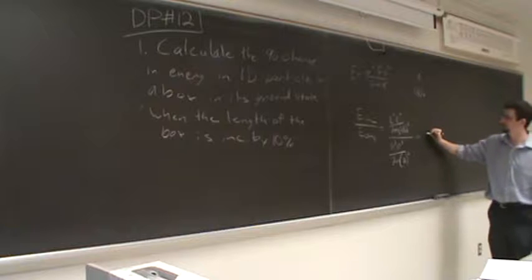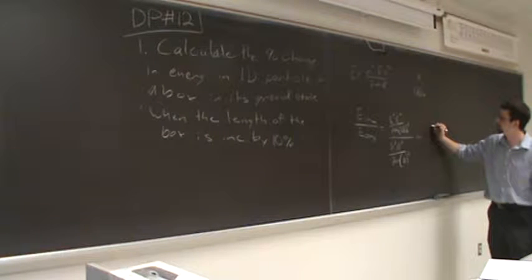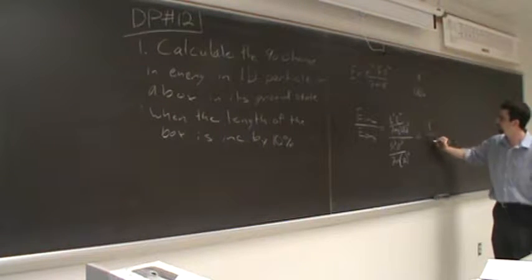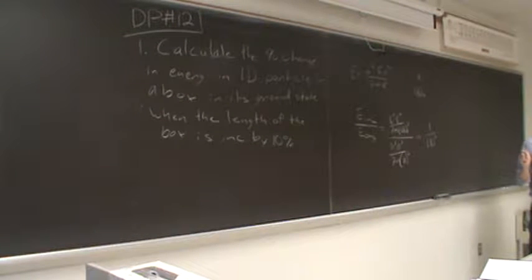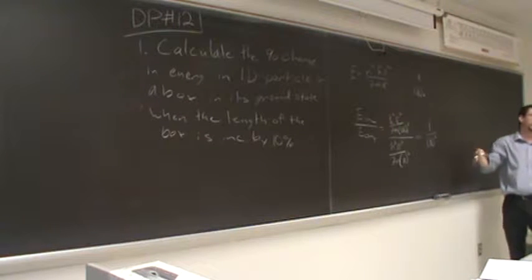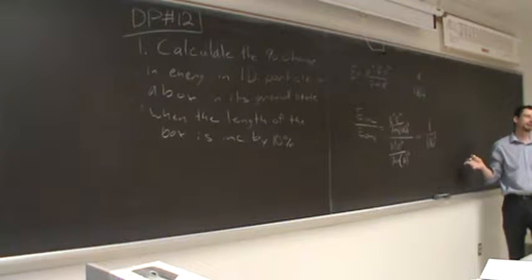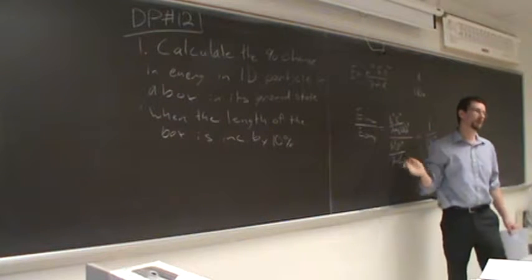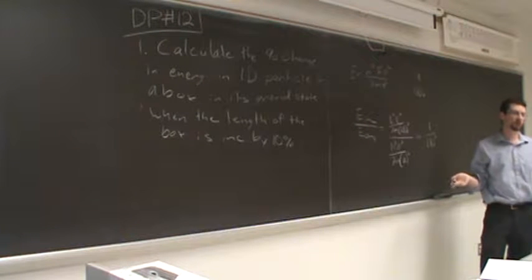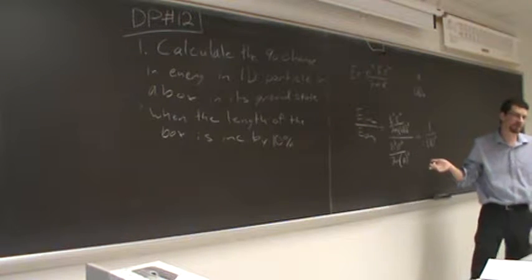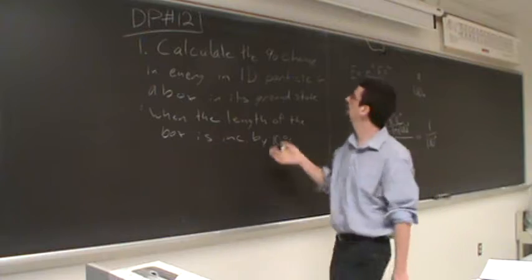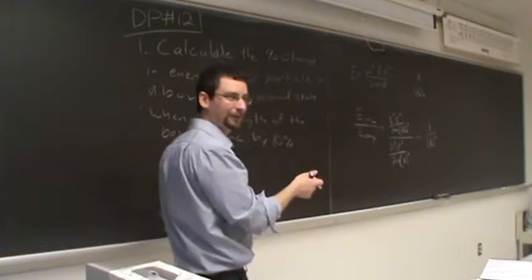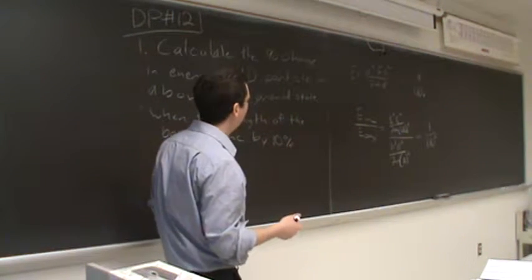And what we're left with is basically 1 over 1.10 squared, right? So you can do the math and figure that out. If you found another way to represent that, like taking the difference of these two, that's fine too.